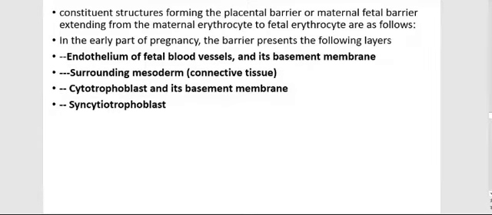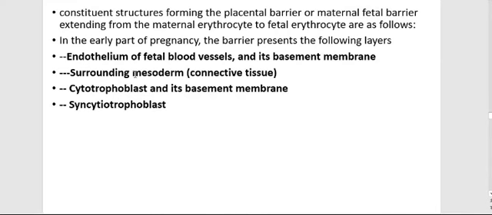So let's look at these layers. The constituent structures forming the placental barrier or the maternal-fetal barrier extend from the maternal erythrocyte to the fetal erythrocyte. In early pregnancy, the innermost, so we are now inside the chorionic villi, there will be the endothelium of the fetal blood vessels and its basement membrane. What other layers are we going to find?